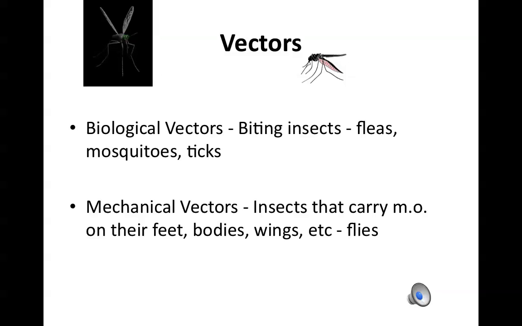Mechanical vectors are insects that don't bite necessarily to transfer a disease organism to you, but instead they carry the pathogens or potential pathogens on their feet, their body, wings, or any other outward or external surface, such as a fly or an ant.